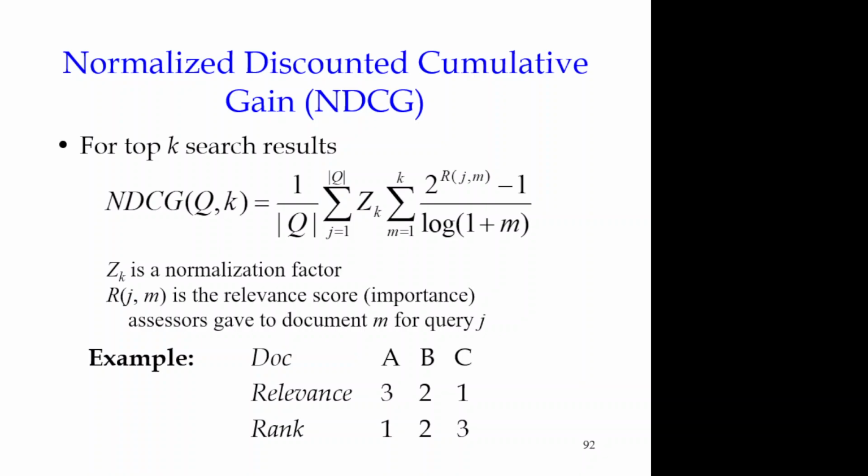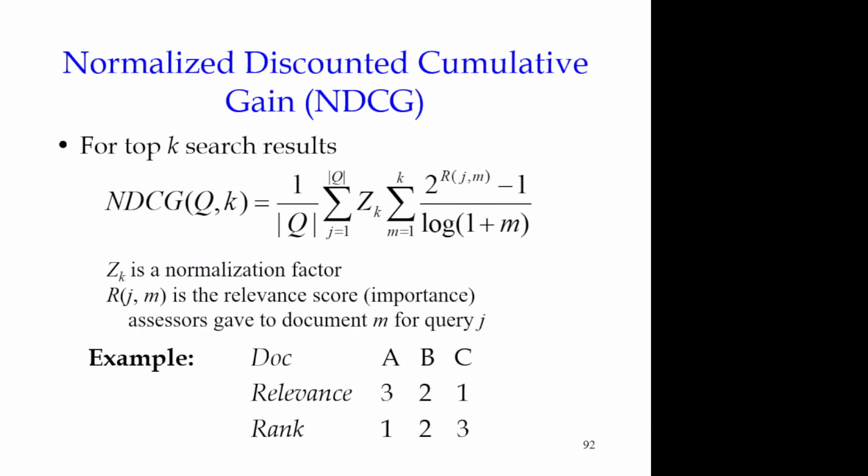That is the DCG for document B, and likewise for document C. Then we just sum the 3 DCGs together, and calculate the normalization term Z_K. You can then get the NDCG.